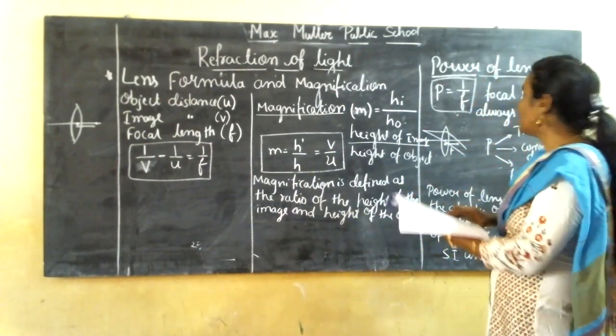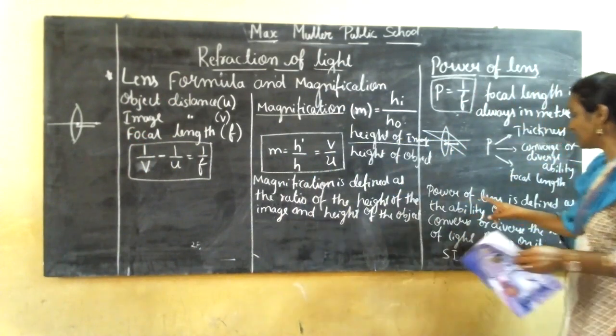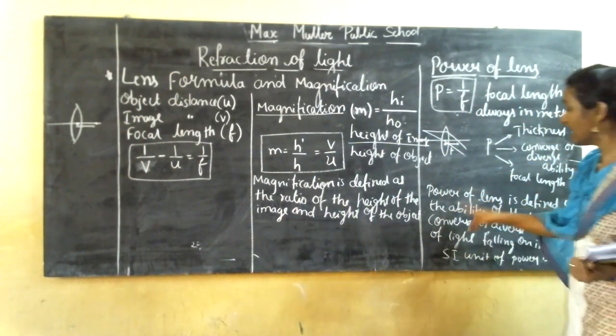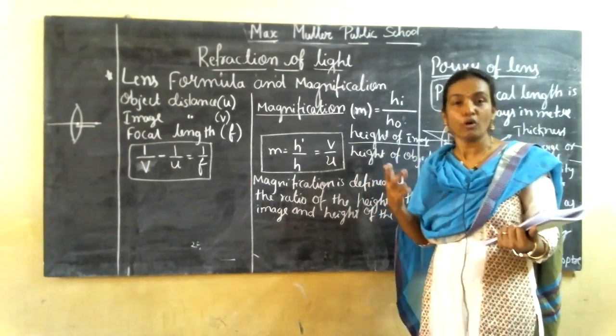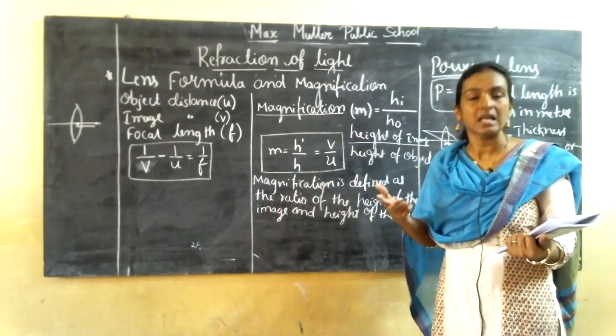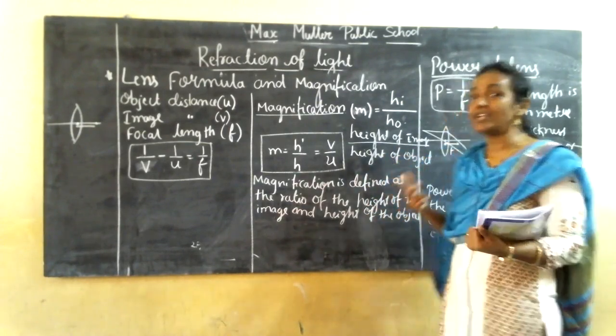Okay, power of a lens. Power means what, children? We all know that. Power of a lens is defined as an ability. Power tells the ability of the lens.